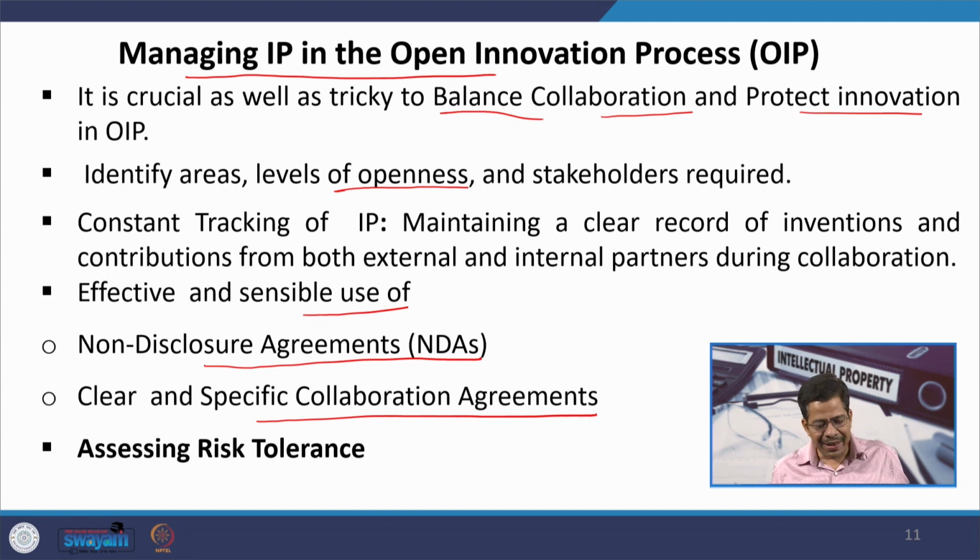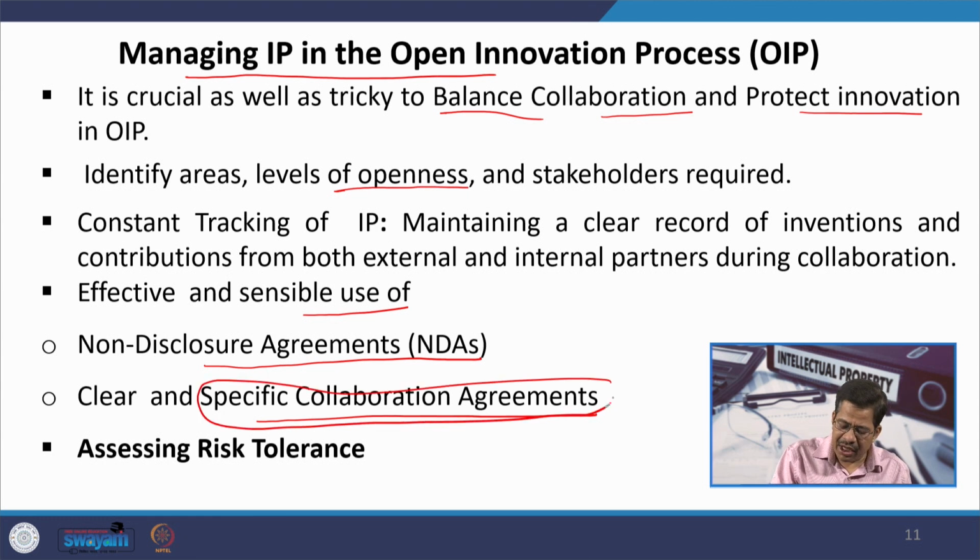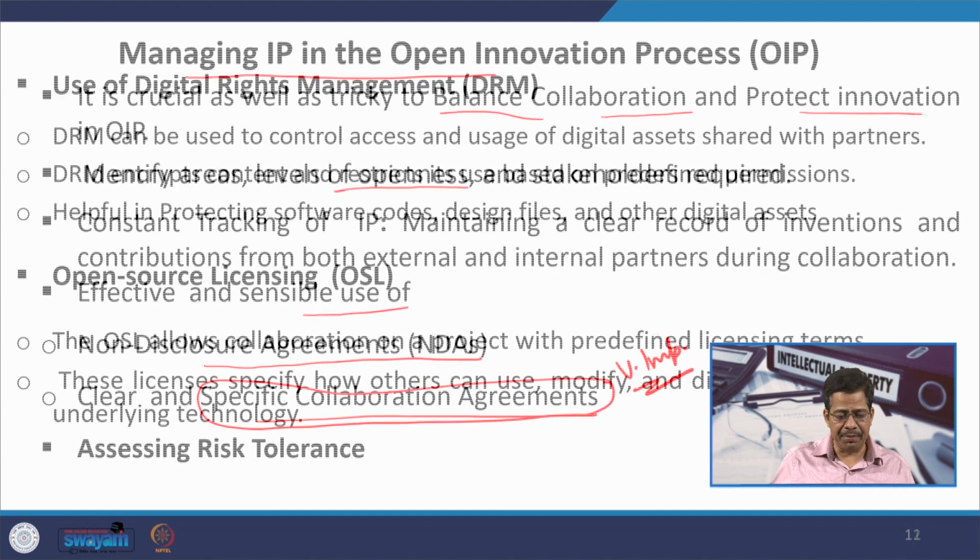So, what are the obligations of the team, how the benefits will be shared, these things need to be properly spelled out. So, the role of this collaboration agreement is very important, that how you are spelling your agreement, I think is the most important aspect of this open innovation process management of IP.